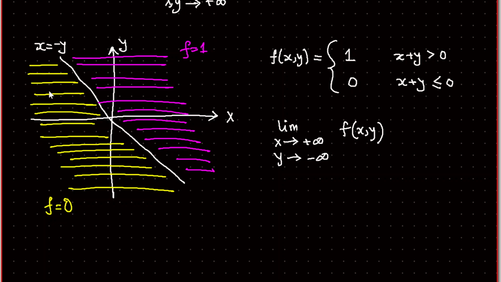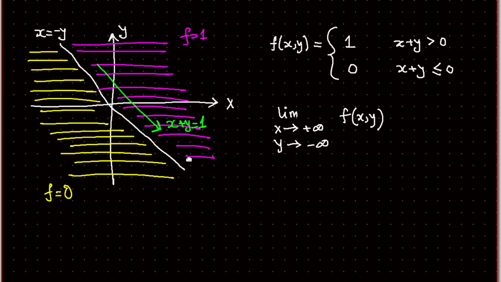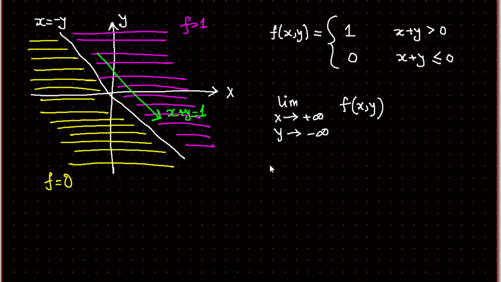The first one which we'll consider is this line, right? So this line we consider by, say for example, x plus y equal to 1. Okay, so let's take x plus y equal to 1.